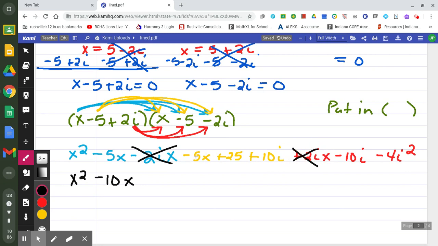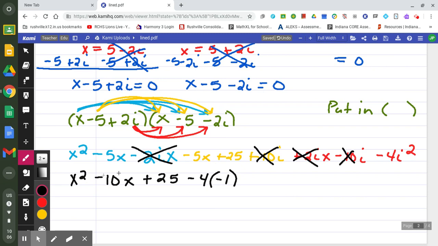I've already dealt with that. So I have plus 25. And now I have plus 10i and negative 10i. Again, those should cancel. And then I have negative 4i squared. So I'm going to write negative 4, but then remember that just the i squared part means negative 1.